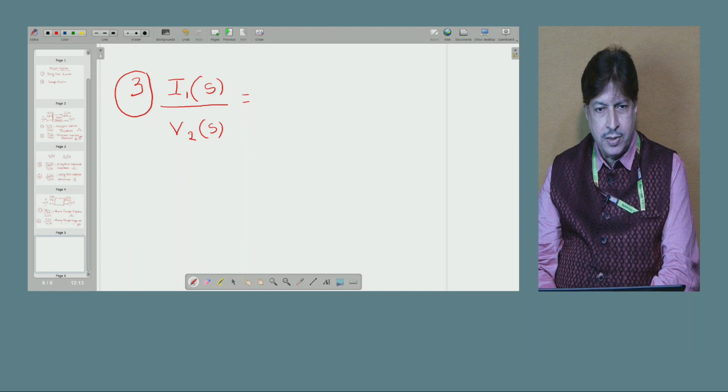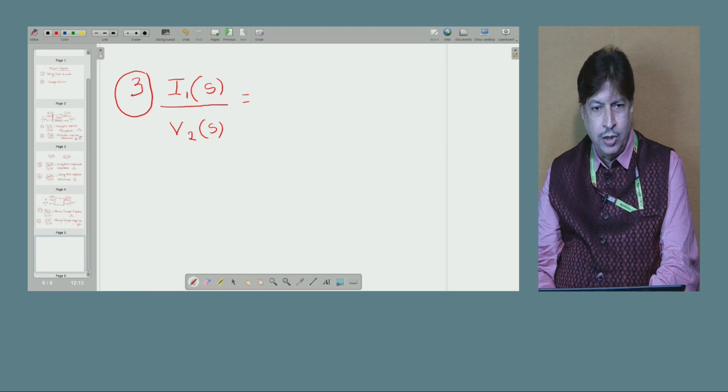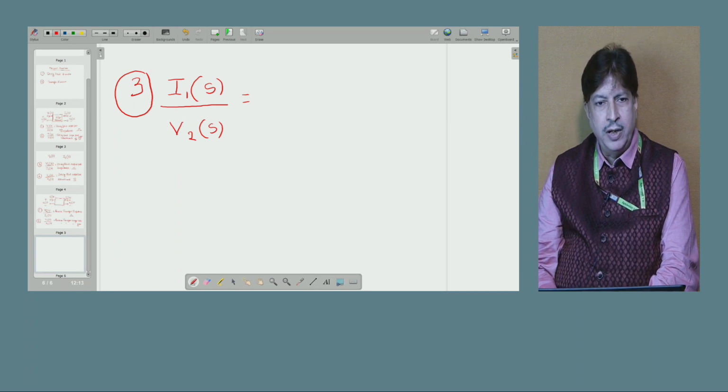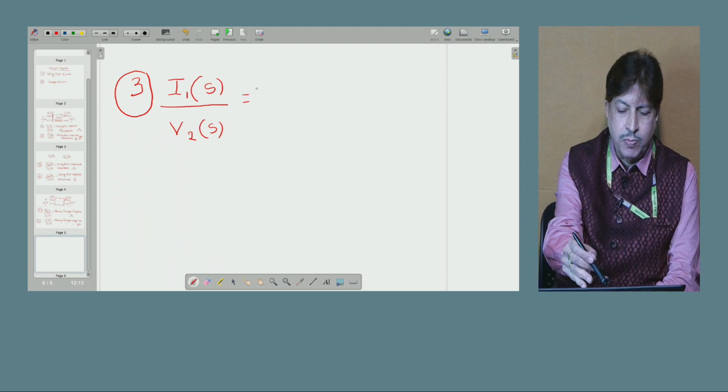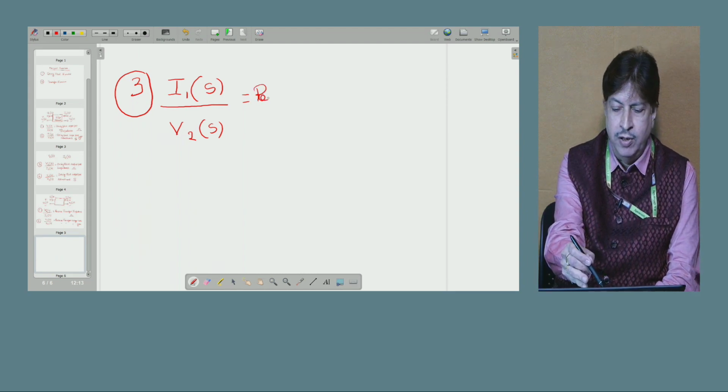I1s by V2s, when we consider, this becomes the ratio of current to voltage, and as they belong to two different ports, the first observation itself is it is a transfer function, and input by output, whenever we consider, as I already explained, this is a reverse transfer function.